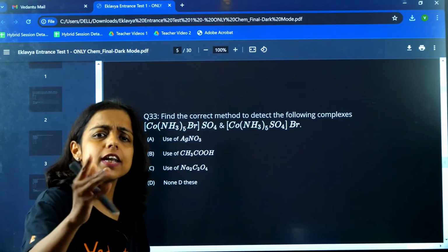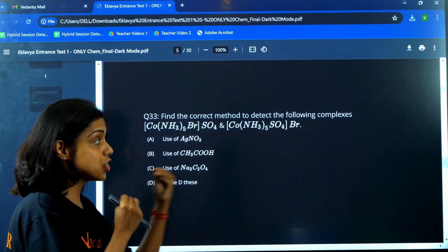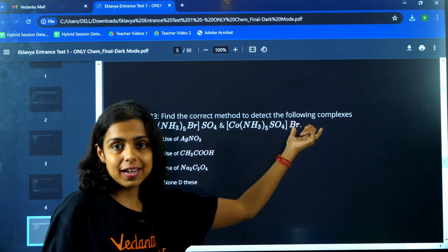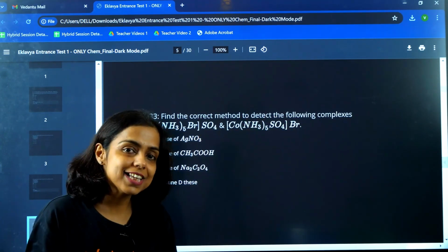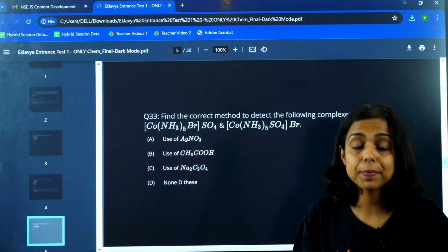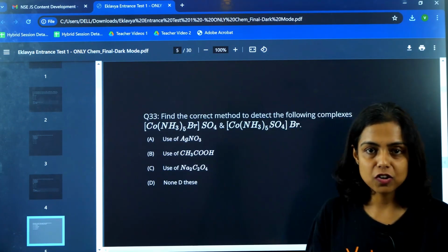Even if you see the very first option A, use AgNO3, you will clearly see that if you add AgNO3, because this is bromide ion, which can be ionized, right? Bromide ion can be formed. So on adding AgNO3, you will get AgBr, the pale yellow precipitate of AgBr.